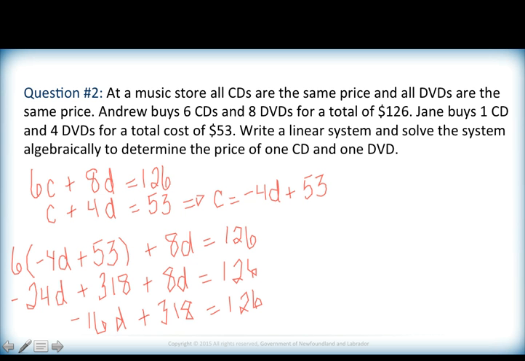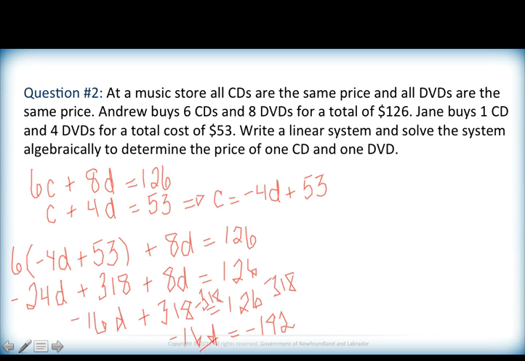So we have to isolate negative 16D. We're going to subtract 318 from both sides. It's going to give us negative 16D equals negative 192.